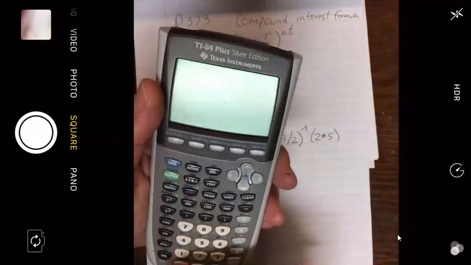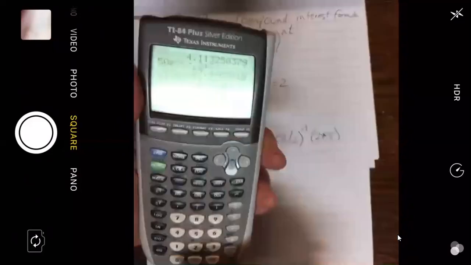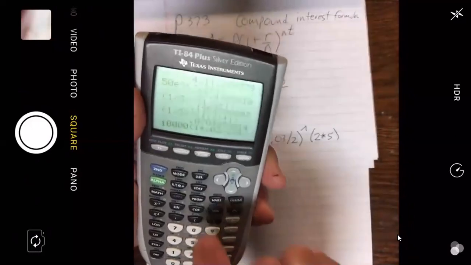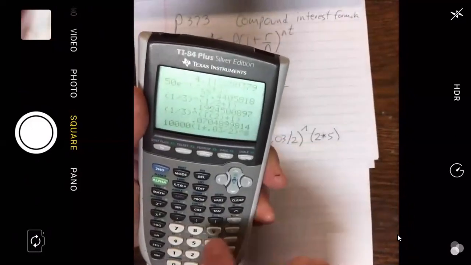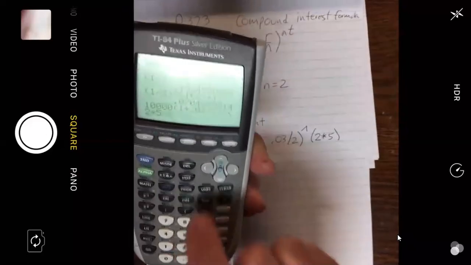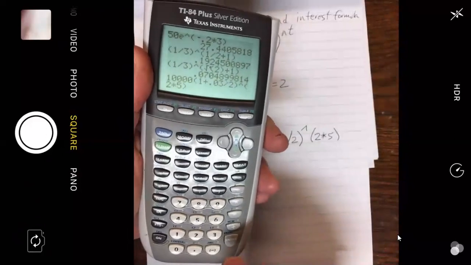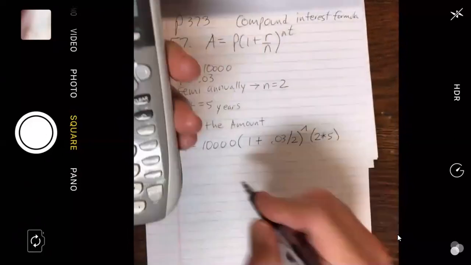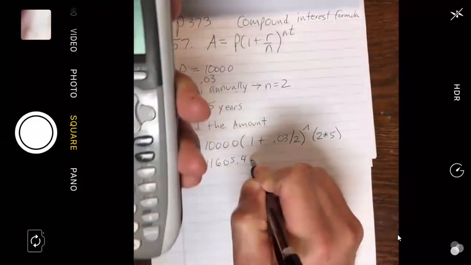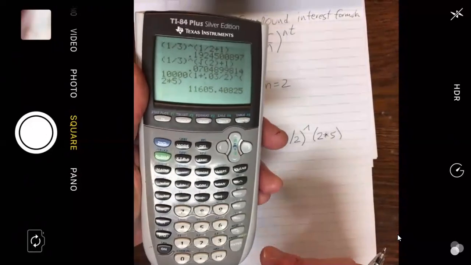So that's $11,605.41. Generally, dollars and cents go to two places.